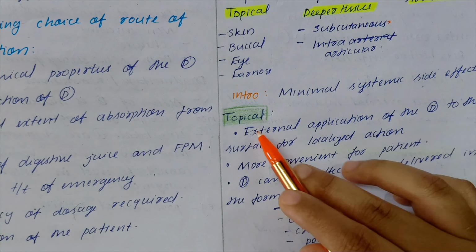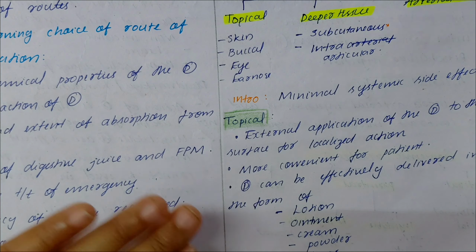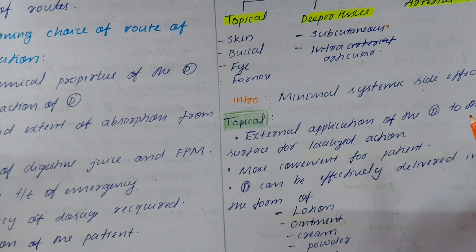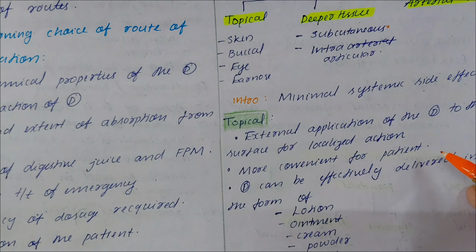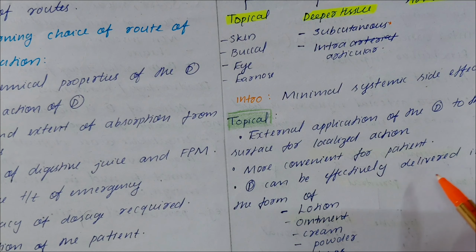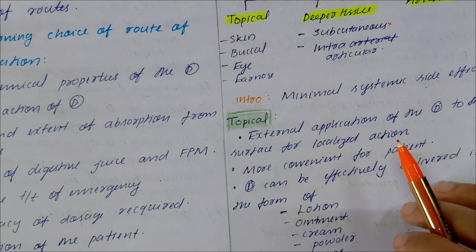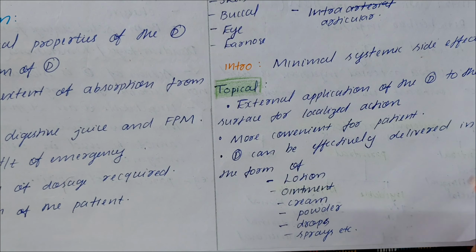Topical means we are externally applying the drug of choice to areas like skin, buccal mucosa, eye, ear or nose. It is more convenient for the patient. Patient can do it alone. Drug can be effectively delivered in the form of, what forms have you seen?